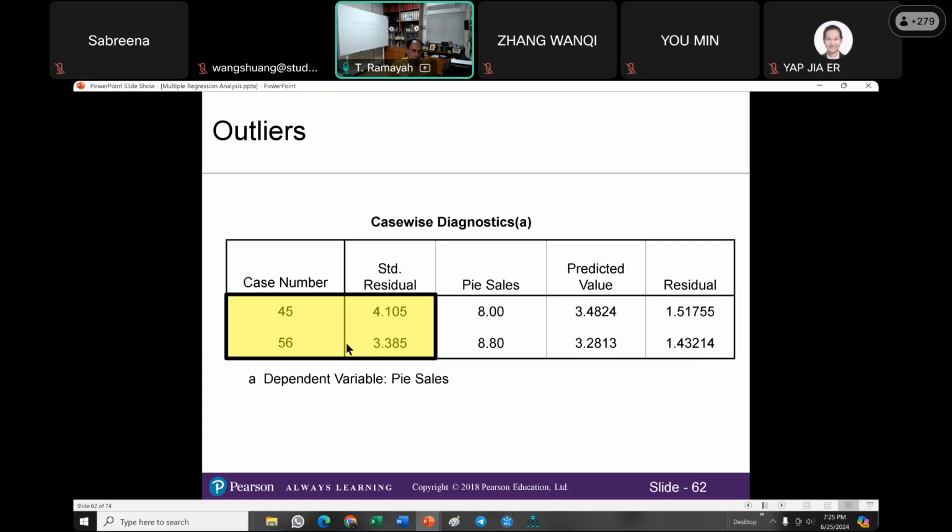Which cases are considered as outliers? These two case numbers are considered outliers because their standardized residual is more than plus 3. More than plus 3 or less than minus 3, they are considered outliers. So we can try removing these two cases and see what happens to the result. If the result does not change, we can leave the outliers, saying that they are non-influential.